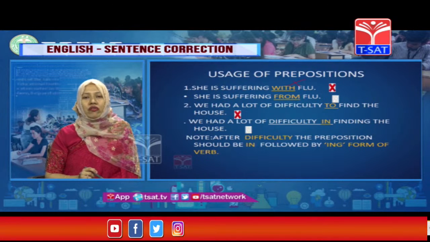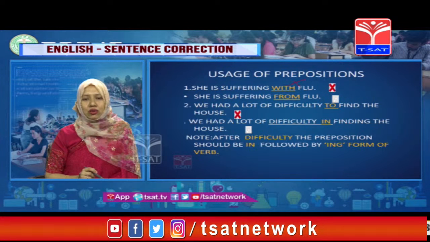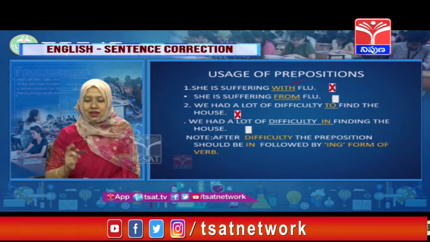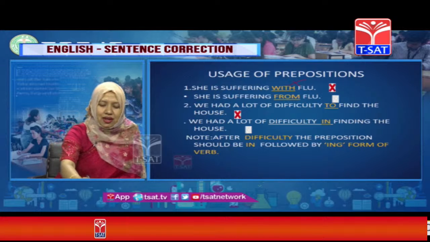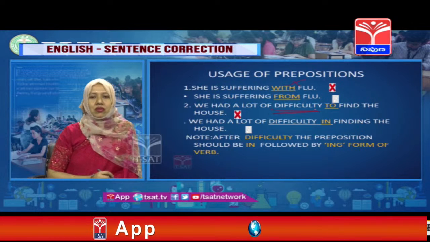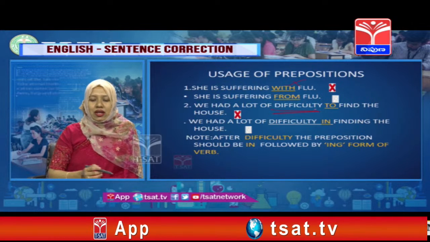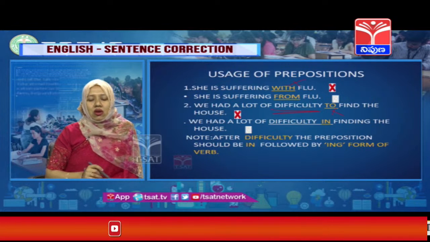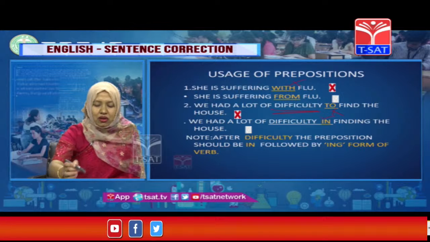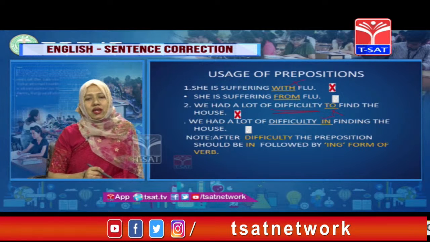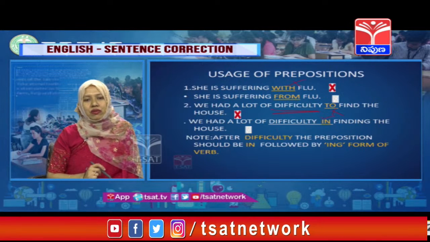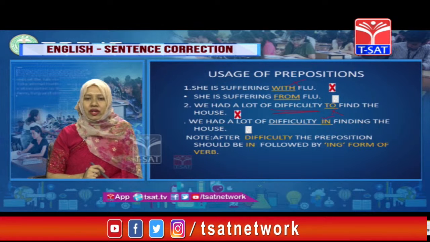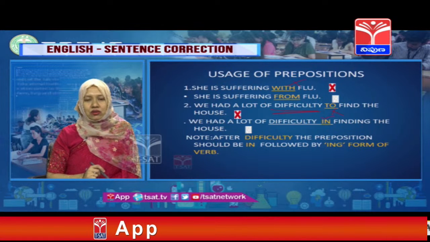We had a lot of difficulty to find the house. Now, there is a tip here. Whenever a sentence has the word "difficulty", after difficulty you should never use "to". Always remember, along with difficulty, you should use the preposition "in". We had a lot of difficulty in finding the house.